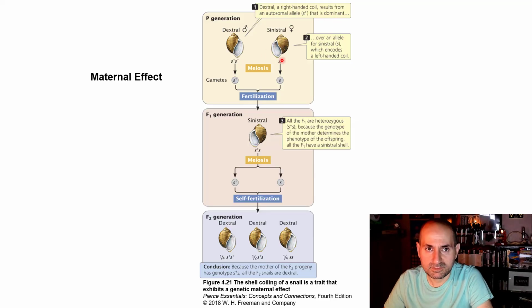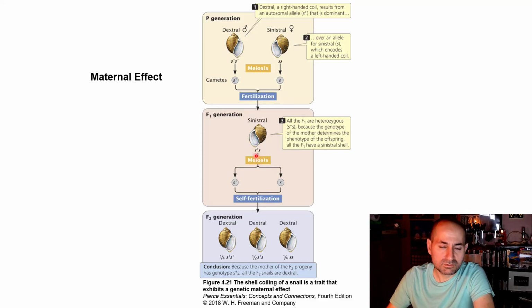The female, in this case, is sinistral, which means left-handed coil, which is coded by little s, the recessive allele for left-handed coil. Now, when these parents mate, their gametes, S+ and s, fuse to form F1 offspring. And get this, all of the F1 offspring are sinistral, left-handed coil, even though all of them are S+ s.